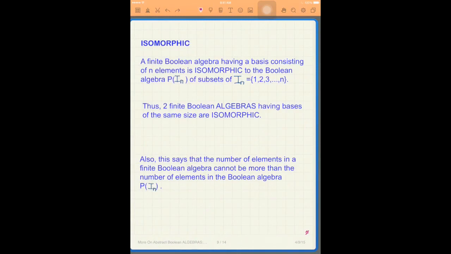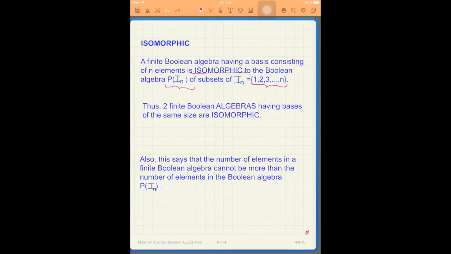And isomorphic. A finite Boolean algebra having a basis consisting of n elements will be isomorphic to the Boolean algebra of the power set of I sub n. What is I sub n? Those are subsets of the natural numbers, so it's the power set of the set 1, 2, 3, all the way to n.